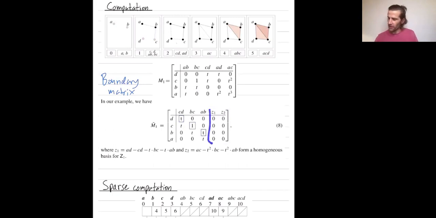So the one-dimensional cycles have dimension 2. They write out what those cycles are. So this is the cycle that corresponds to the square. And Z2 is the cycle that corresponds to this triangle, okay? As you see down here. So by reducing these boundary matrices, you can find your one-dimensional cycle space.